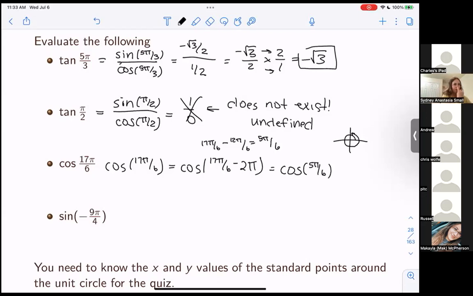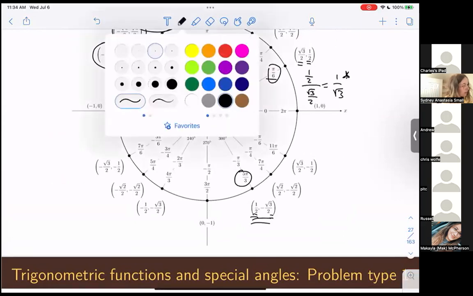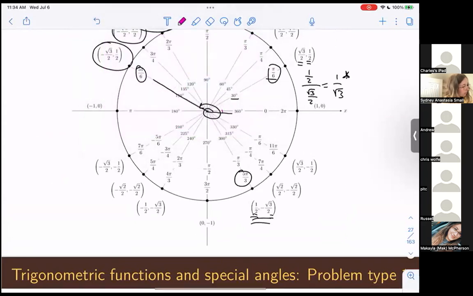And the cosine of 5 pi over 6 is another really fancy angle from our unit circle. That is this angle here. Again, it did not matter. The angle that was given to us was this, but that's the exact same cosine as the angle that is just this, because it lands us at the same place. They are coterminal angles.